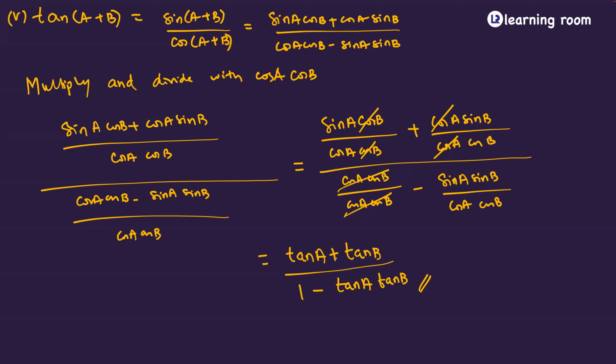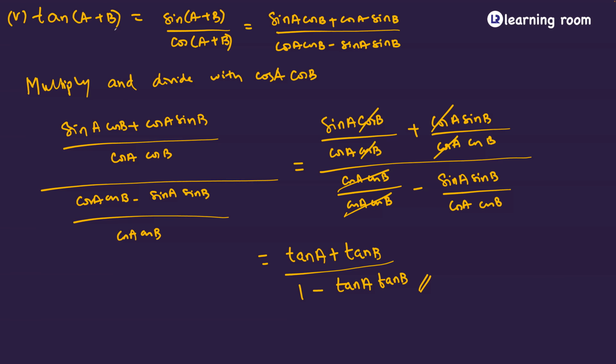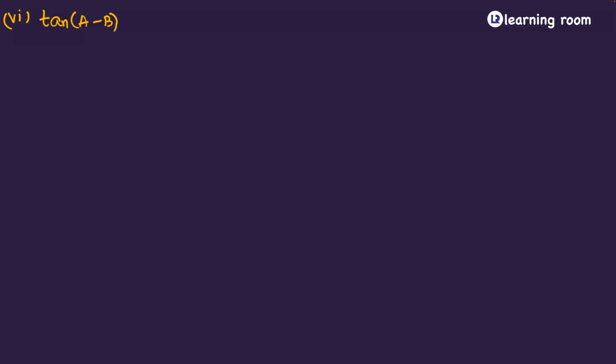Done with this? Yeah. So next thing is, the sixth identity is tan of A minus B. So next one is tan of A minus B. So we know that tan of A plus B generated tan A plus tan B by 1 minus tan A tan B, right?